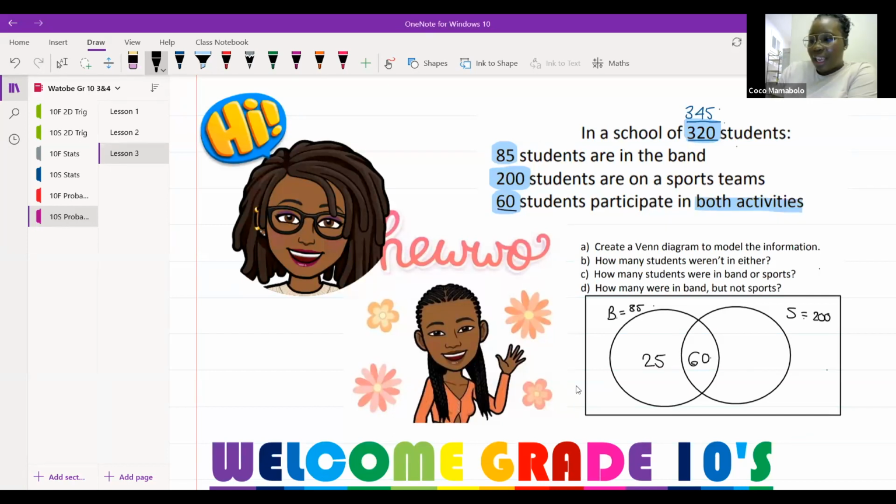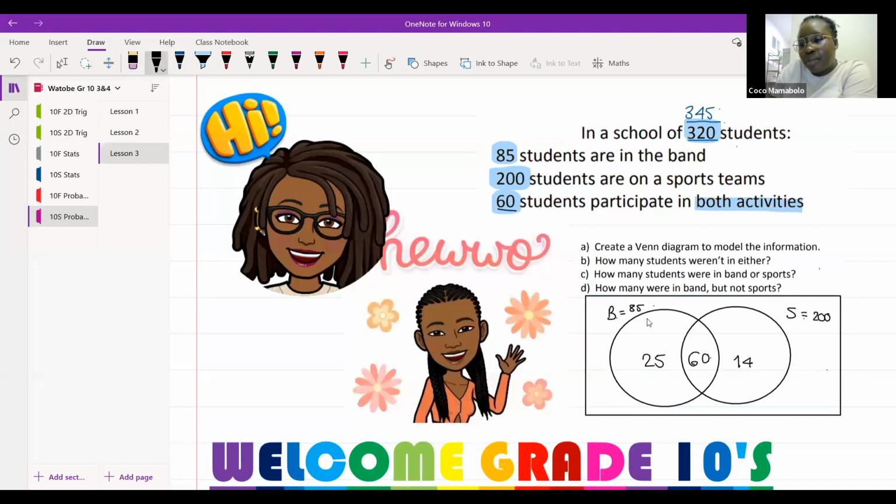And then if there's sports players and 200 of them play sports, but 60 of them have already been accounted for, how many of them play just sport without band? Correct, 140.